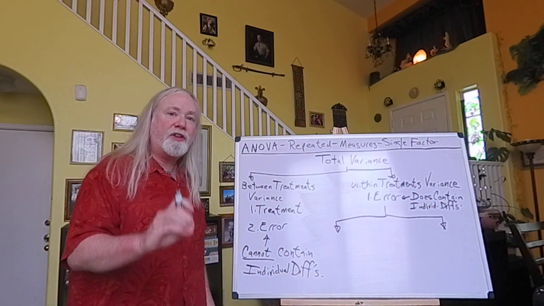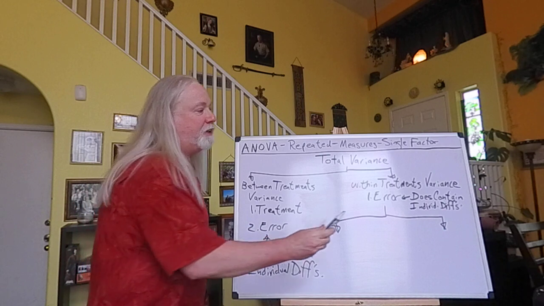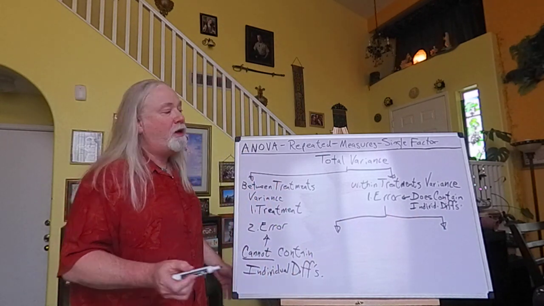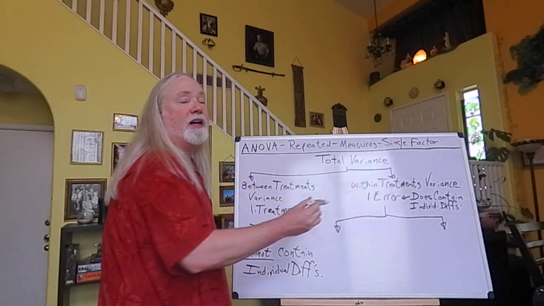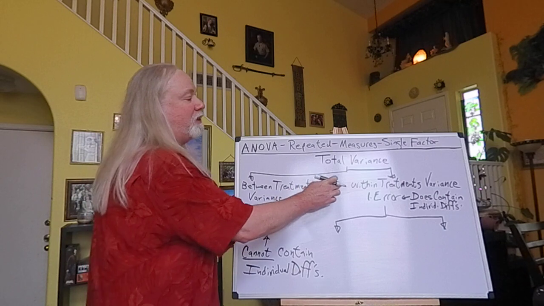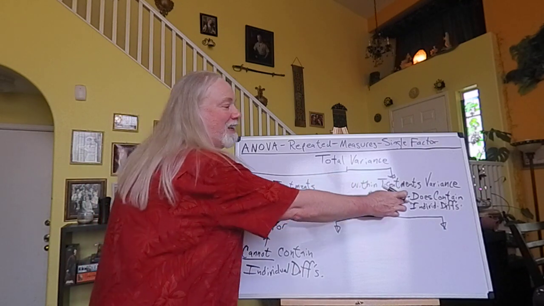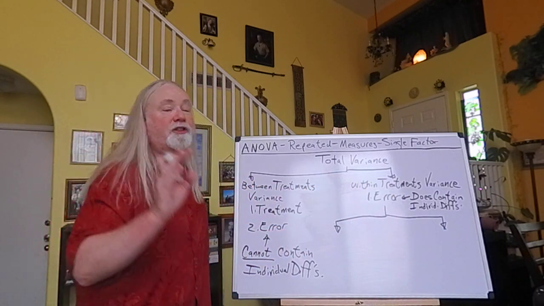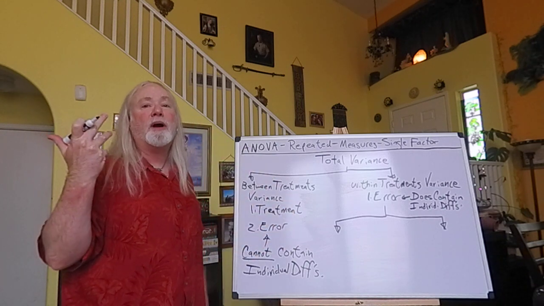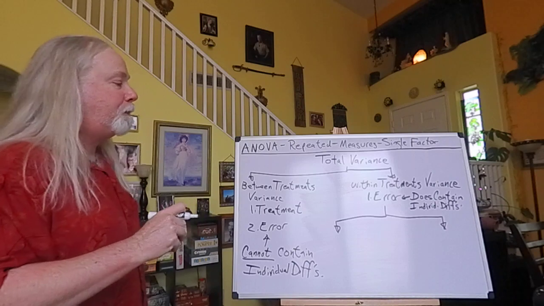The point of the second stage is to remove these individual differences out of our denominator. Remember, we've been doing within treatments variance as our denominator up to this point. But what we're going to do is take all this error, calculate the individual differences, and literally subtract it out of the error. We can measure it, account for it, and delete it from influencing our data.